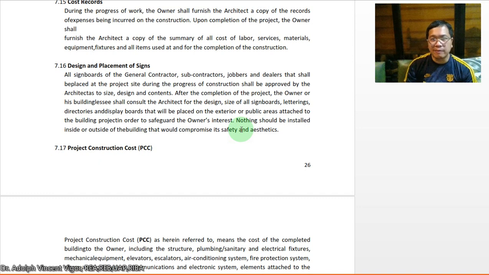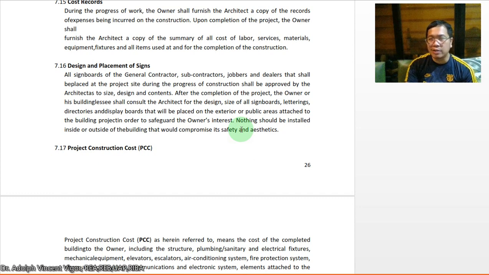After the completion of the project, the owner or his building lessee shall consult the architect for the design and size of all signboards, letterings, directories, and display boards that will be placed on the exterior or public areas attached to the building project in order to safeguard the owner's interest. Nothing shall be installed inside or outside of the building that would compromise its safety and aesthetics.